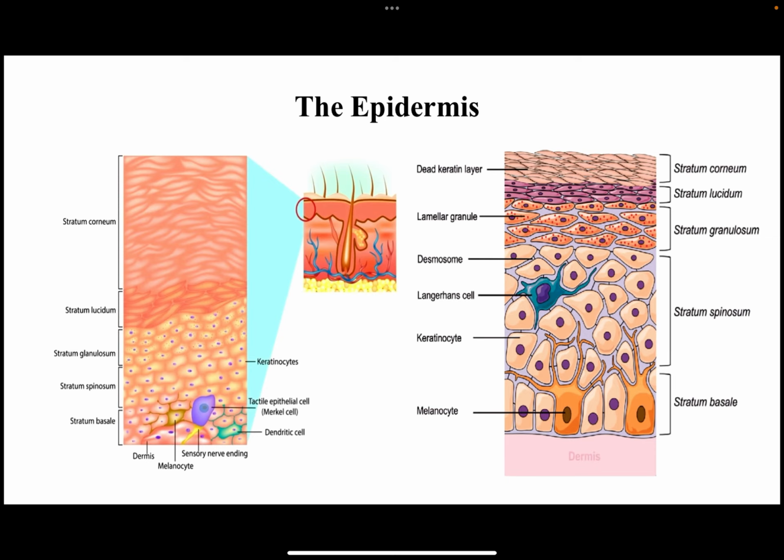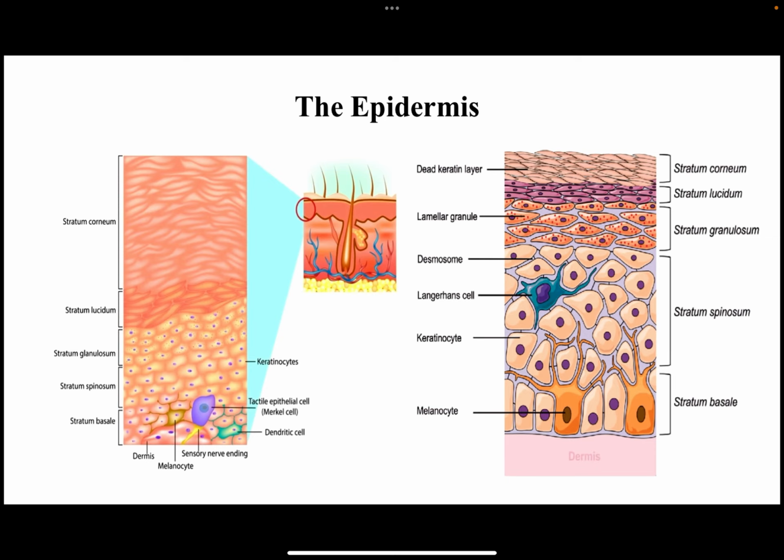These cells are all located within the epidermis. They are the primary cells within the epidermis. You can see where the keratinocytes are. They are mostly found within the stratum spinosum.